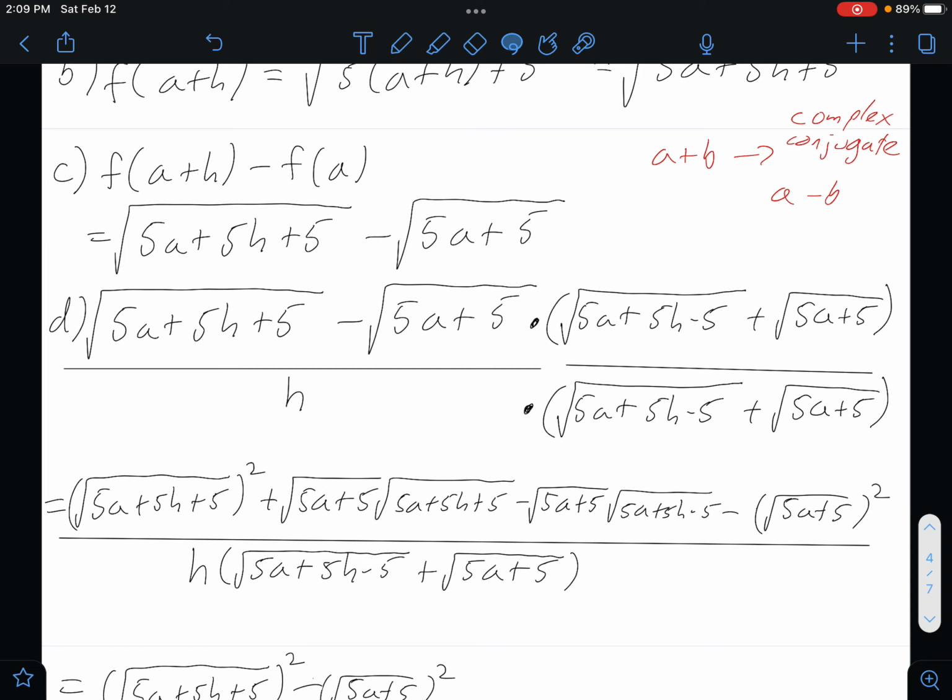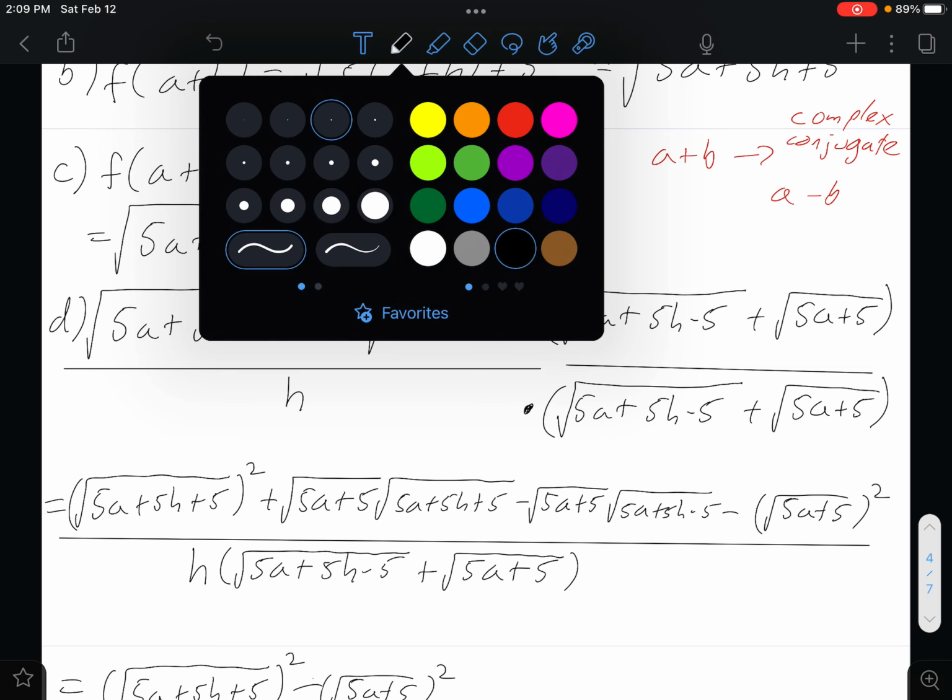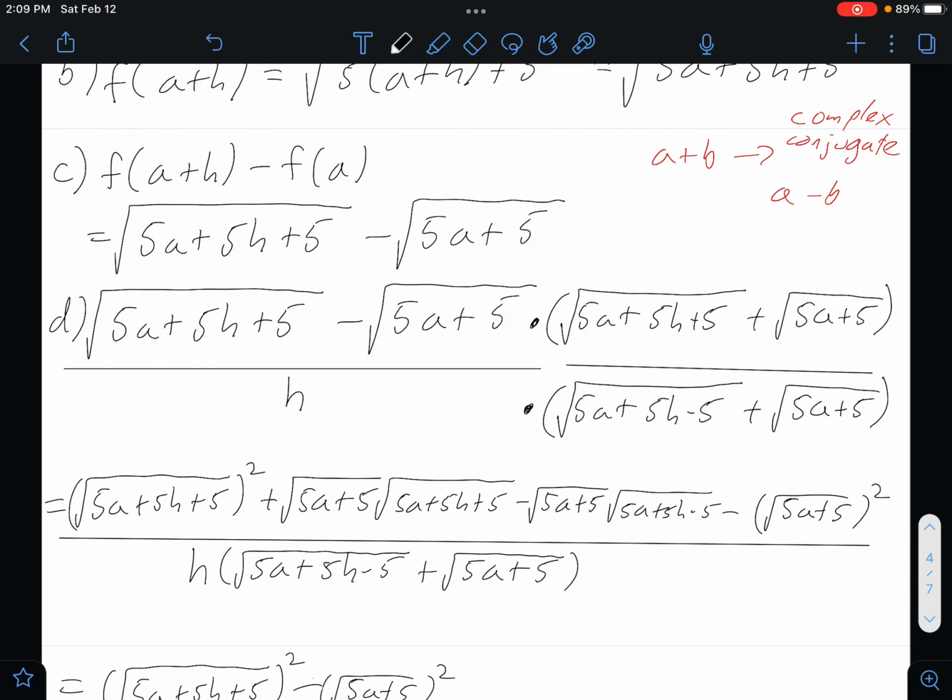So we're multiplying by radical 5a plus 5h plus 5. This should be a plus 5 in here. I miswrote that. That should be a plus. I don't know if I made that mistake anywhere else, but if I did, I will adjust it.